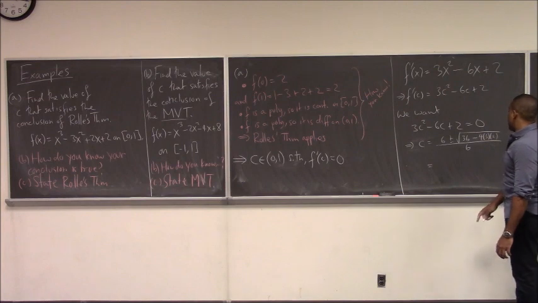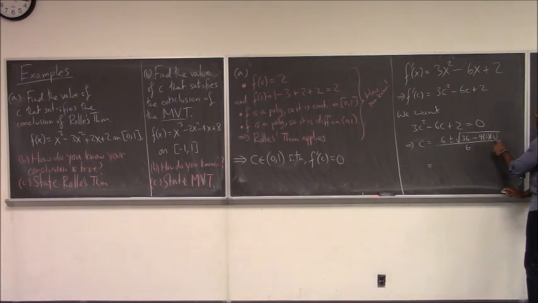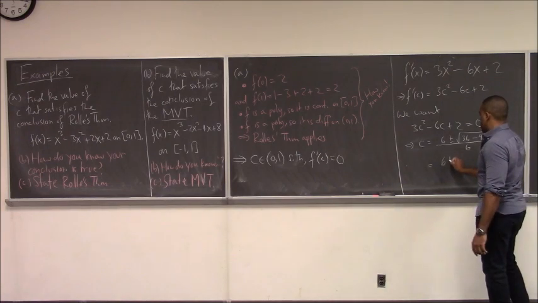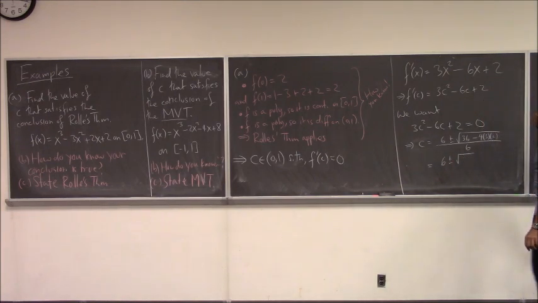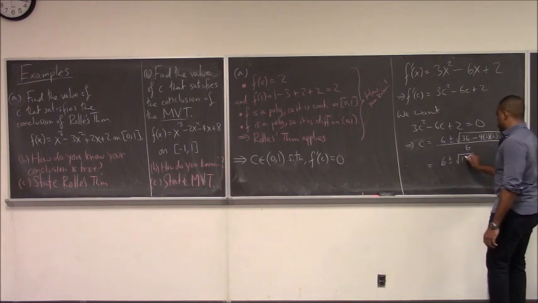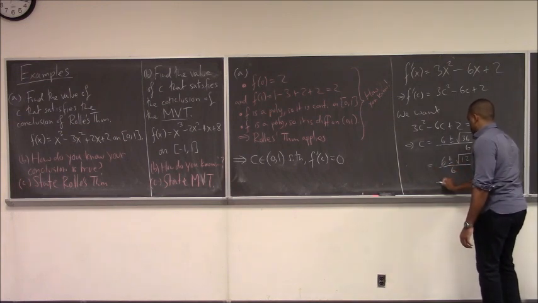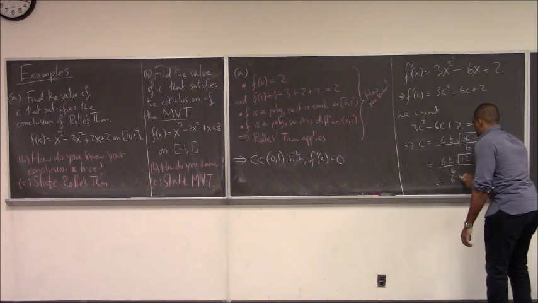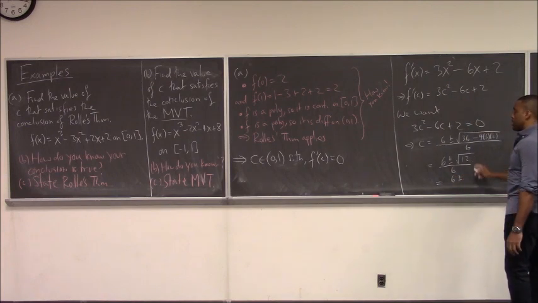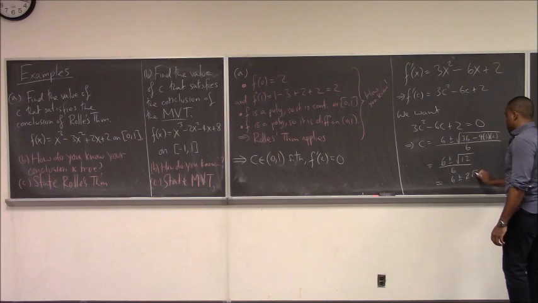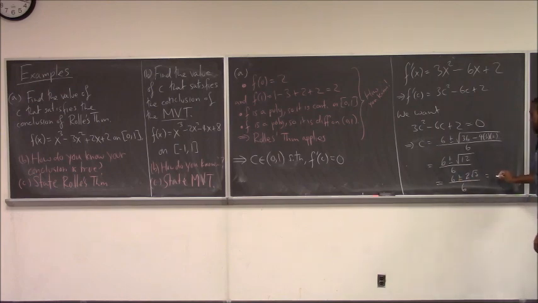So 36 minus 24, what is that, 12? So that's 6 plus or minus, that's 4 times 3, so this is 2 radical 3 all over 6. And so I get 1 plus or minus radical 3 over 3.